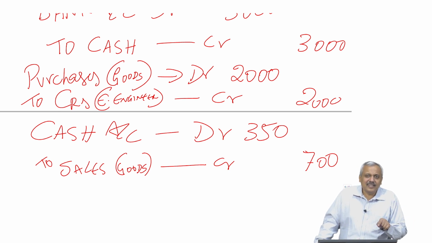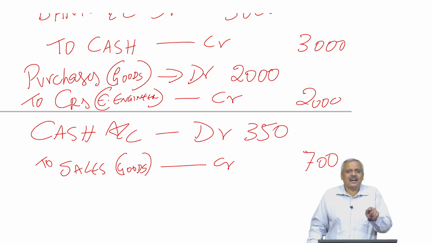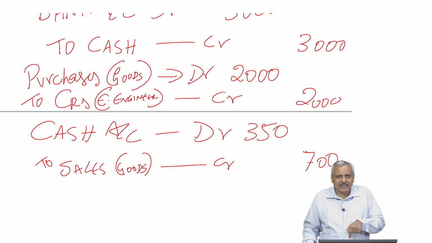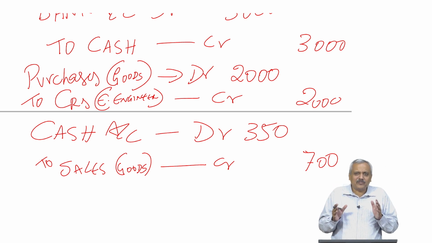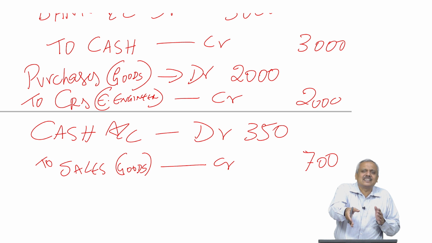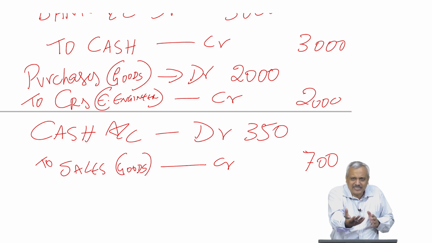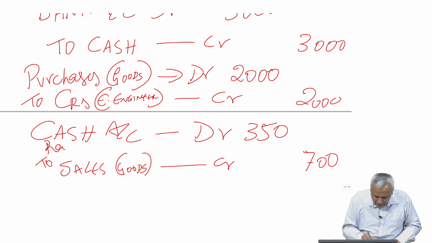That is what is called debit the receiver. Who is receiving? I am giving credit. Please look at it from your company's point of view, you are giving credit to him. Who is receiving the credit? The benefit of that credit is received by Raghavan.